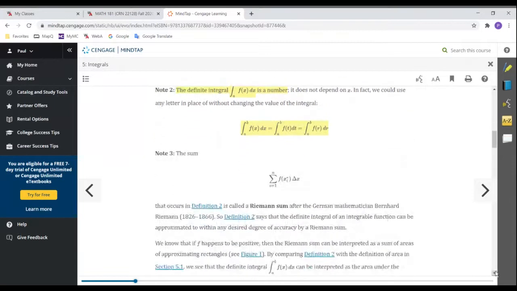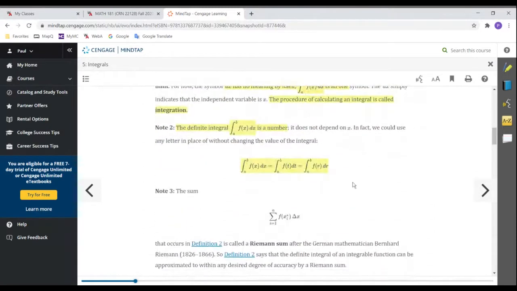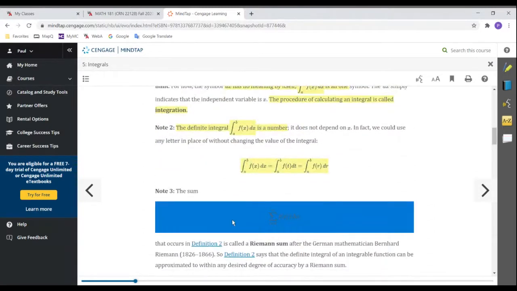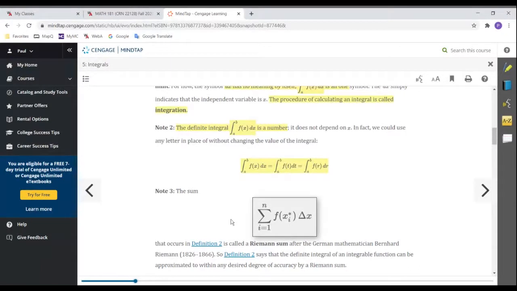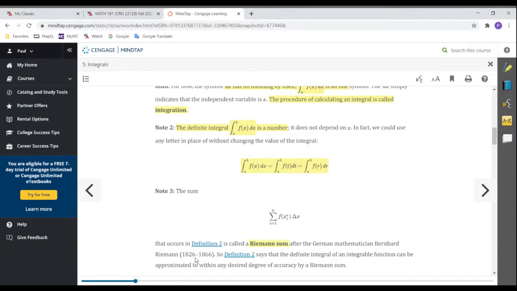And in the definition of a definite integral, this summation, the sum from i equals 1 to n of f of xi star delta x, is known as a Riemann sum. It's named after the German mathematician Bernhard Riemann, who lived from 1826 to 1866.